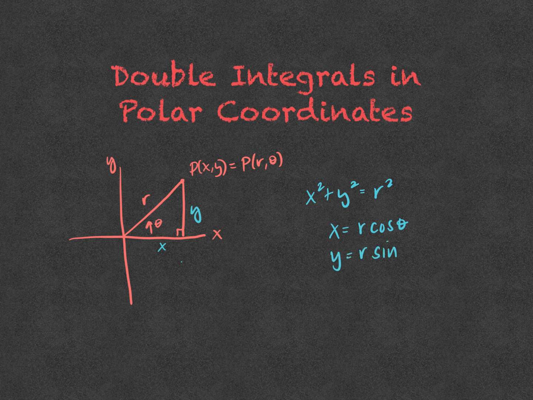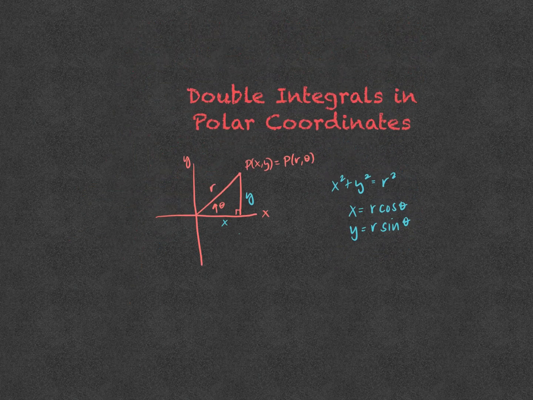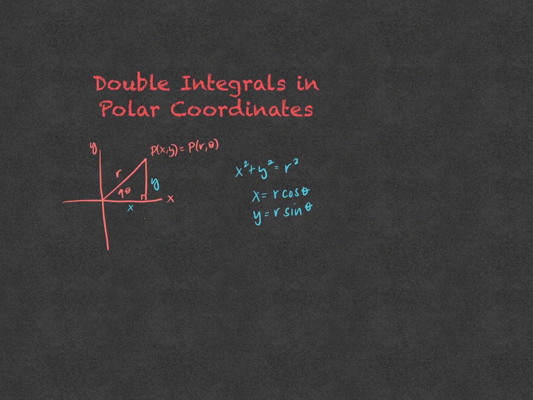Now, we know that a circle is x squared plus y squared equals r squared, and our unit circle comes in there. Let's say that for your unit circle, you have x squared plus y squared equals 1.